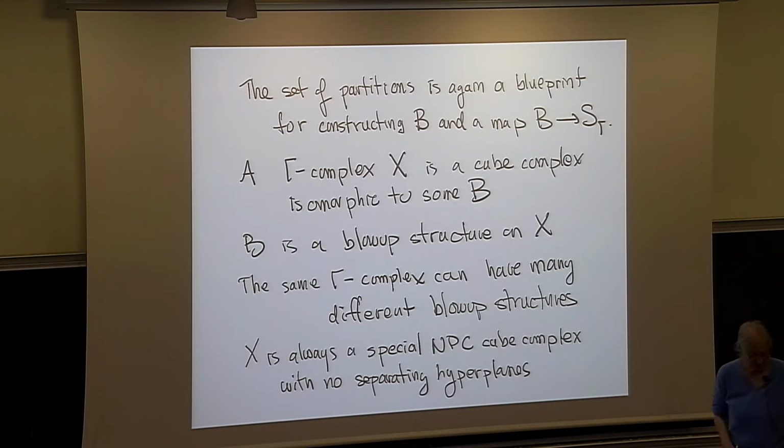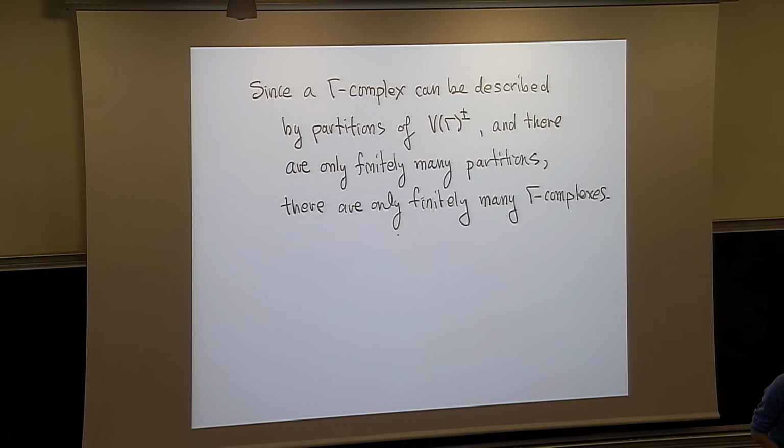And X turns out to always be a special non-positively curved cube complex with no separating hyperplanes. Again, there's only finitely many ways to partition the vertices of gamma and their inverses. So that means there's only finitely many partitions altogether, so there's only finitely many gamma complexes.